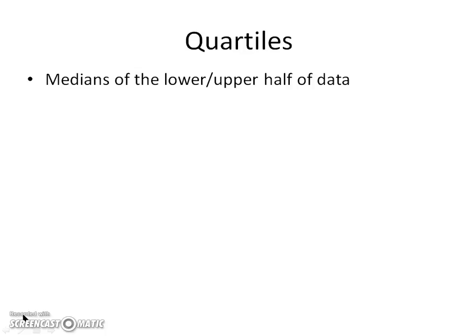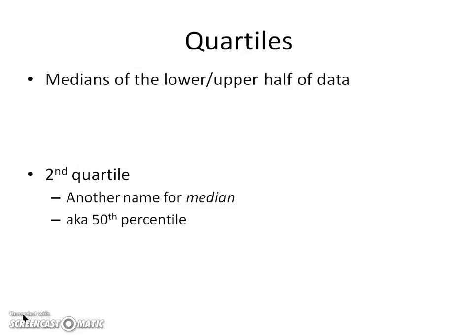The median cuts my data into halves, lower half and upper half. So median is something that we know already. Quartiles are basically the medians of the lower half and the medians of your upper half.